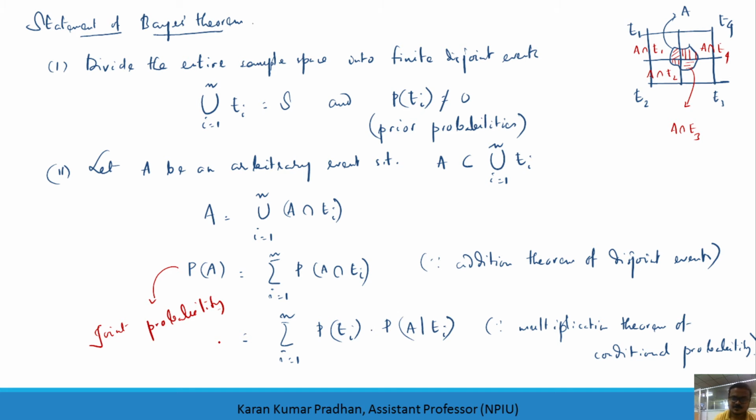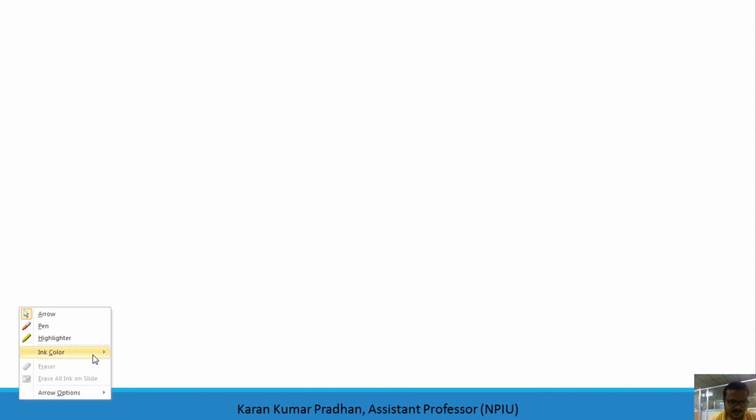Now the third statement is the posterior probability. That means if the item we have drawn from the stock is reliable, then what is the probability that it is made by X or made by Y?